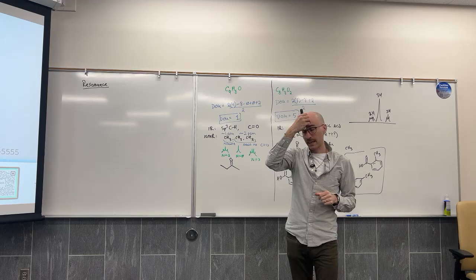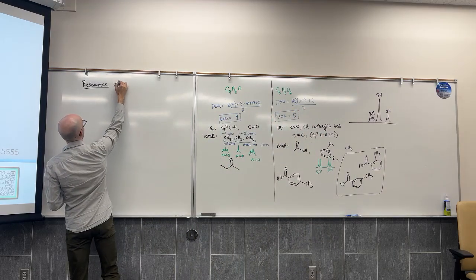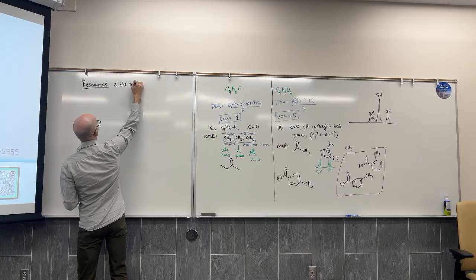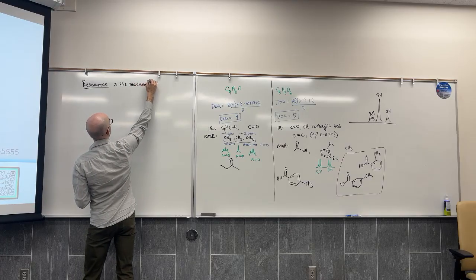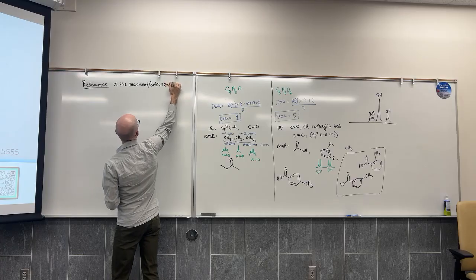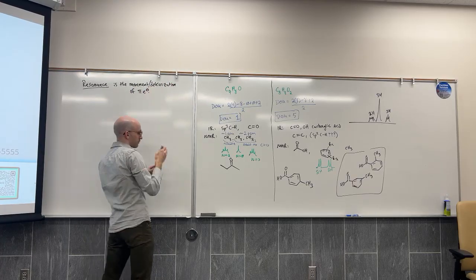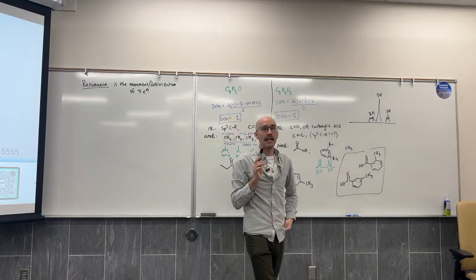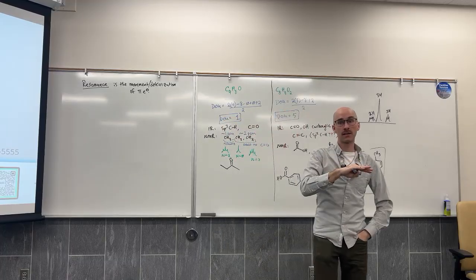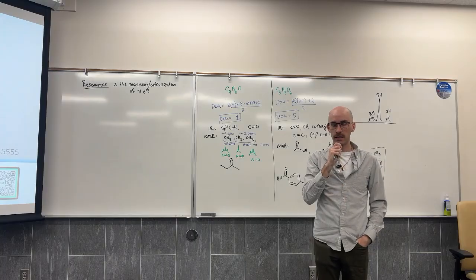The way that I like to define this is that it is the movement or delocalization of pi electrons. And I say both movement and delocalization because it depends on what perspective you have on it.